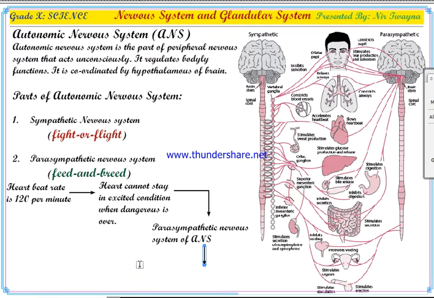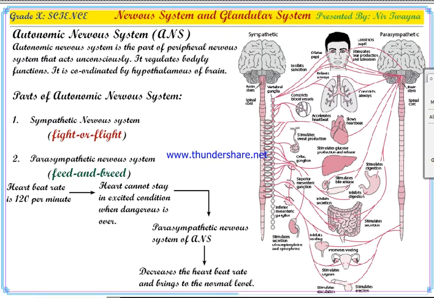That part of your brain is known as the parasympathetic nervous system of the autonomic nervous system. It decreases the heartbeat rate and brings it to the normal level.